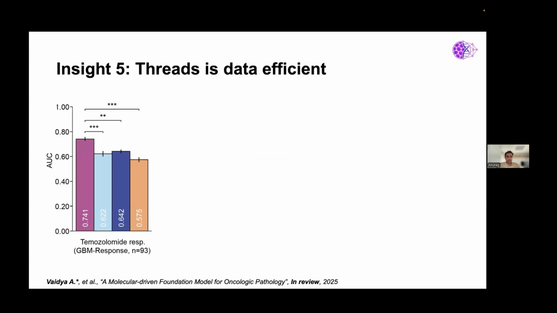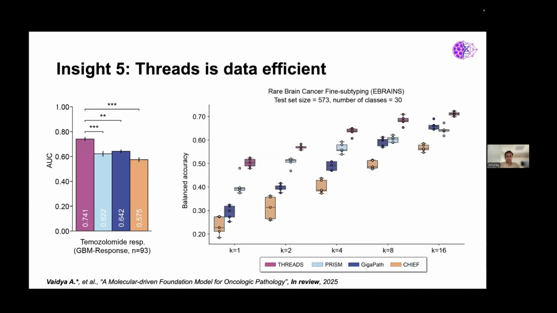I also wanted to present one more quick result on the data efficiency side, and I think I skipped the order, so apologies about that. But I wanted to also mention we can further test the data efficiency of Threads by looking at something called few-shot learning. In few-shot learning, what you do is you reduce the number of samples in your training dataset, and then do the classification.